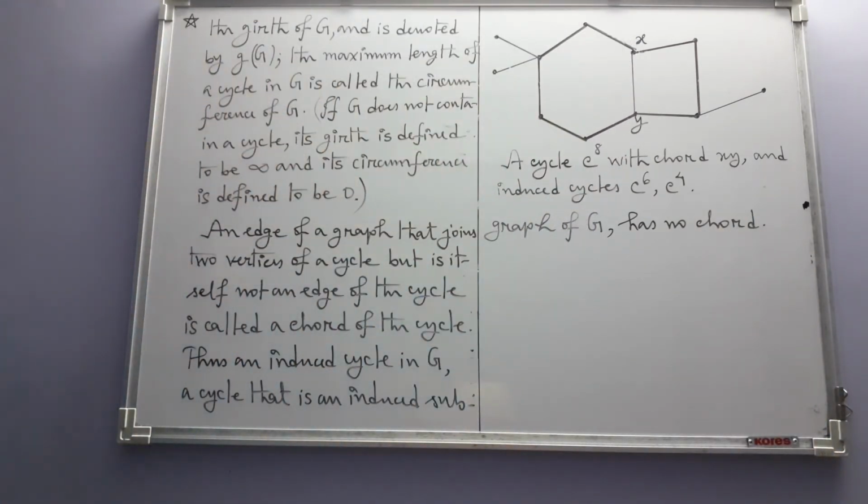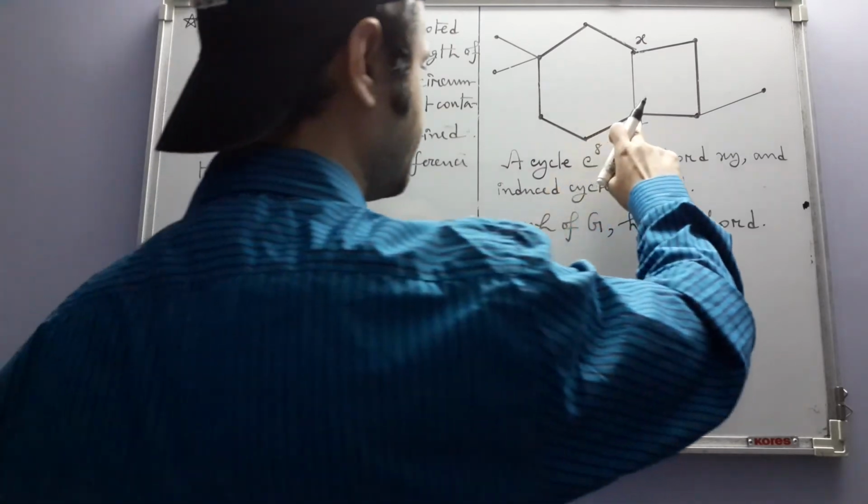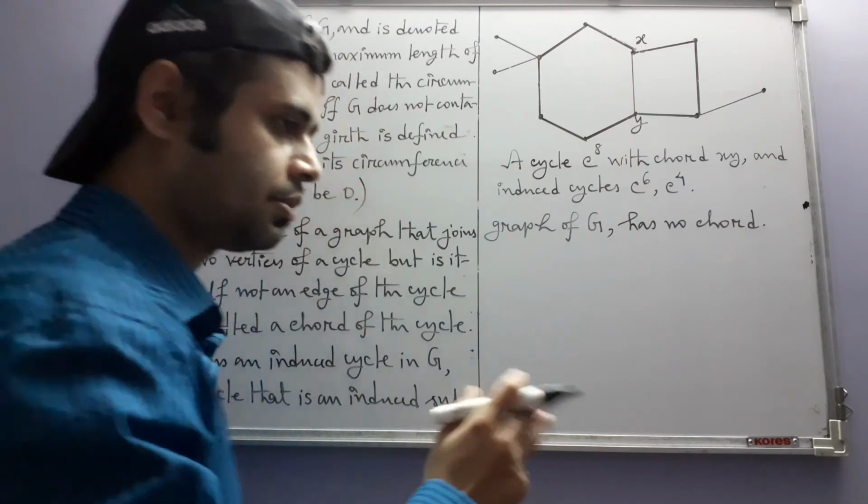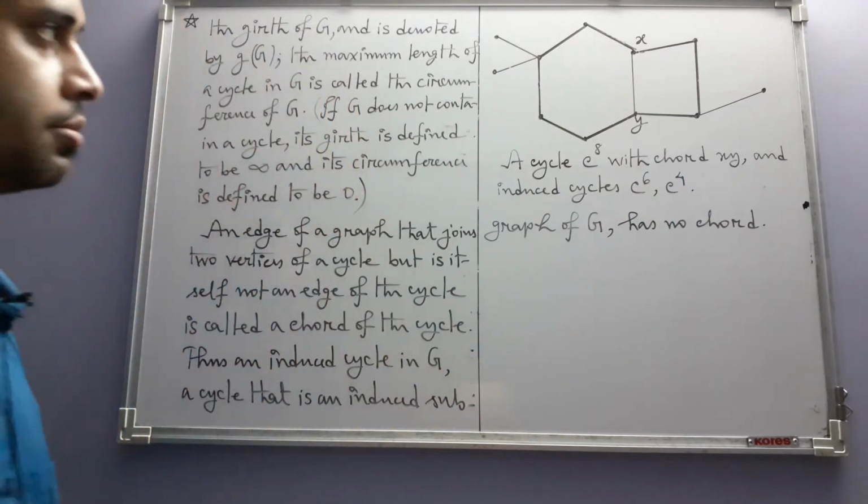It cannot have a chord. For example, these induced cycles in the graph G don't have chords.